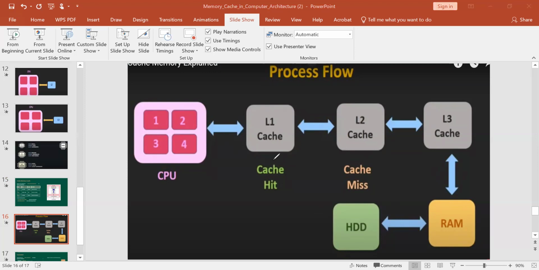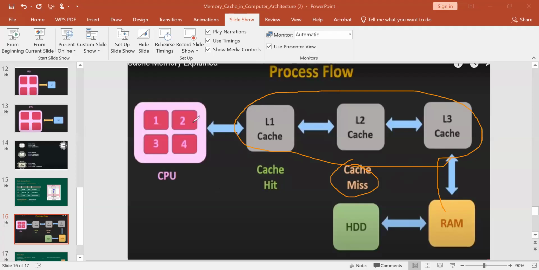And then we say we have what we call a cache miss. Whenever we have a cache miss, it goes ahead to fetch the data that the CPU requires and keeps it in the cache.